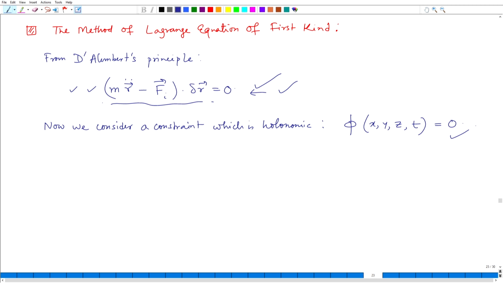For a simple pendulum moving in the xz plane, this phi is given by x square plus z square minus L square. For a particle moving on the surface of a sphere of radius capital R, it is x square plus y square plus z square minus r square.